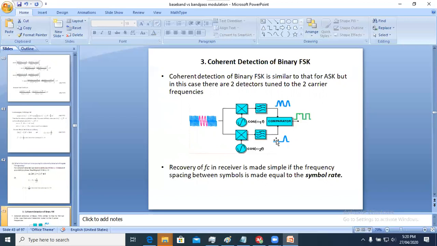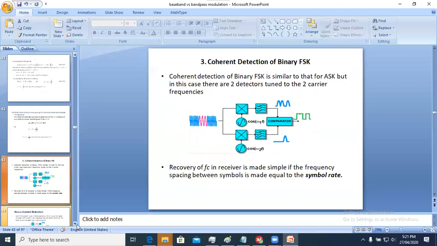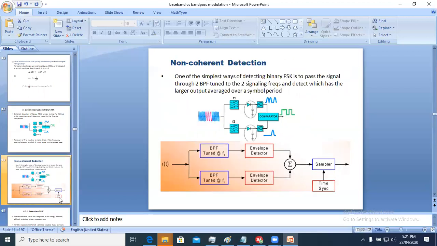We multiply the signal with the carrier component, and after matched filtering, we compare the two signals and generate the output of the signal. In the non-coherent detection, again we have two branches.